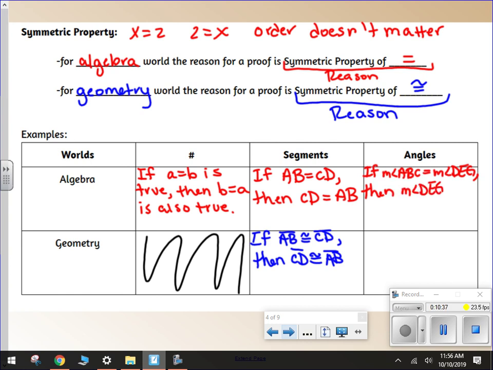And the key here is when I switched into the geometry world, that M goes away, and I'm putting a congruent symbol instead. So the symmetric property allows us to change the order if we need to, because we need it to match what our proof statement is saying. Remember, reflexive properties, I can always state that an object is equal to itself.